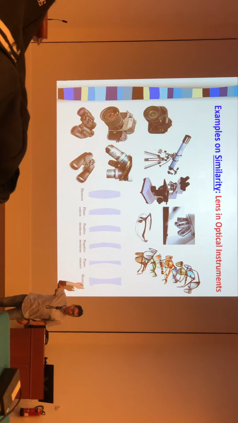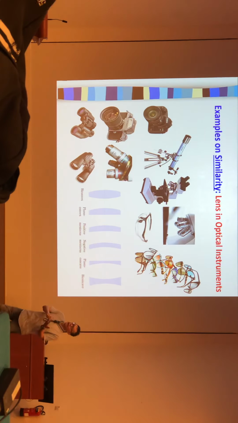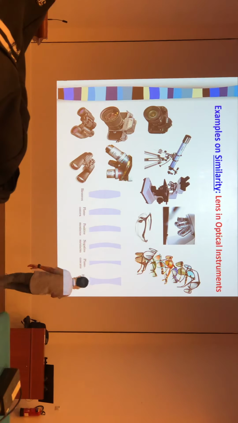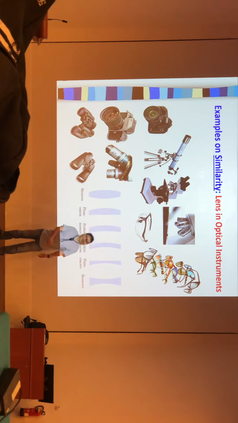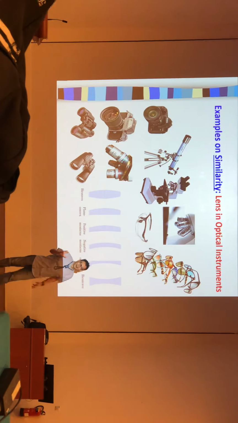For the previous example, the mobile phones, the similarity was based on appearance and functionality. If we use these two sets of attributes, certainly these are not similar. But if we define a key component used in these products, they all use a lens, and then they are similar.